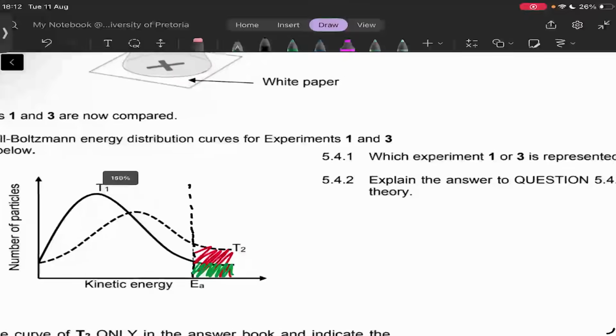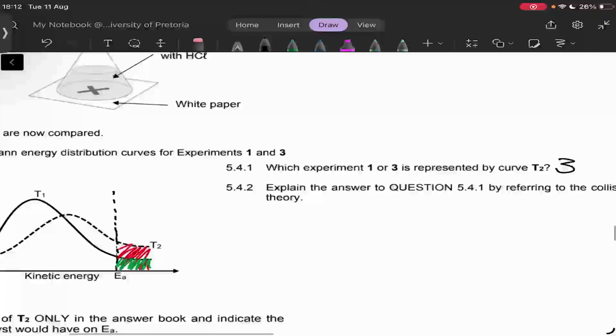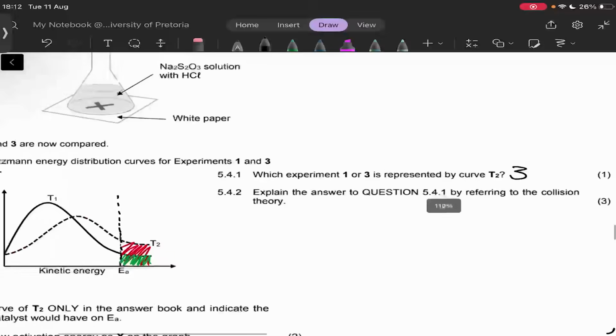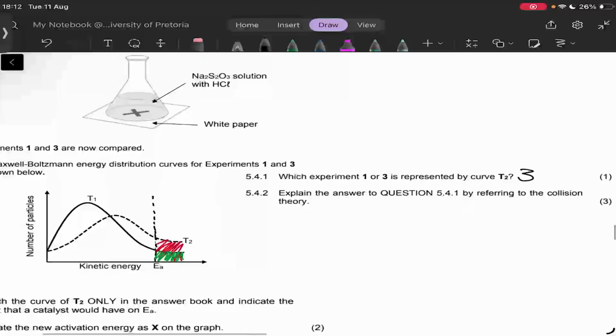So let's write down the bullet points as to how we would actually answer this in such a manner that we get the marks. For this question, we'll say that for curve T2, it has a higher temperature.